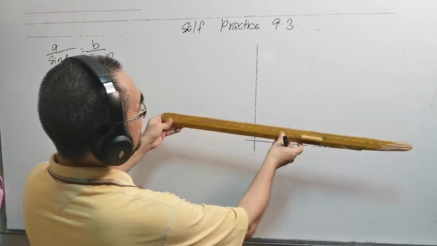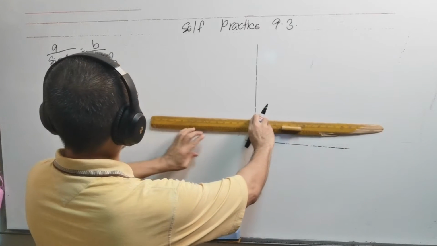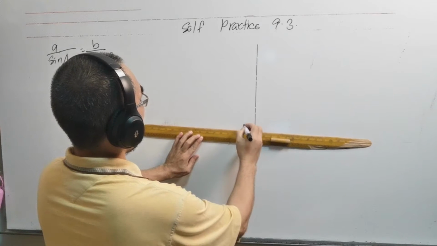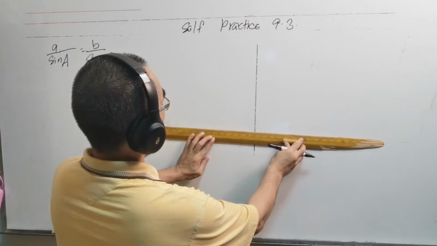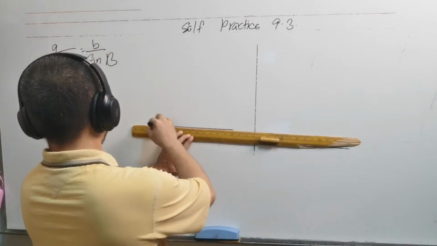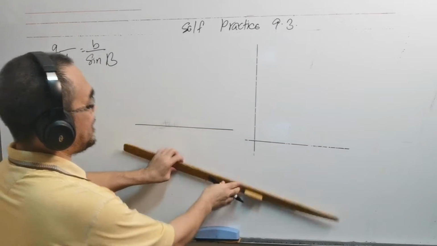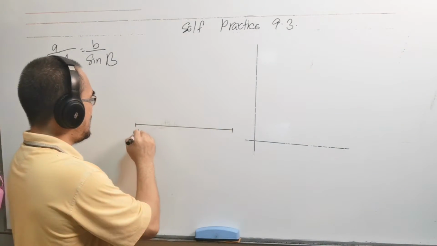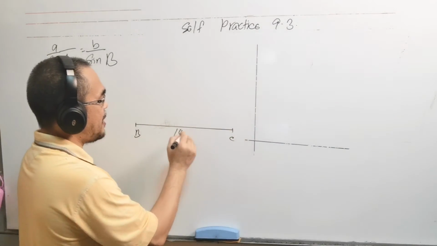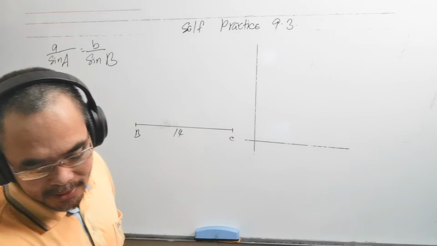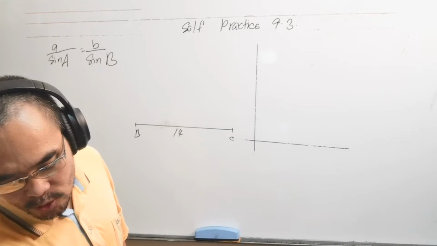Because it's bigger, I draw 14 inch. This is B, this is C, and the measurement is 14. But I do not label it as centimeter because it's actually inch.